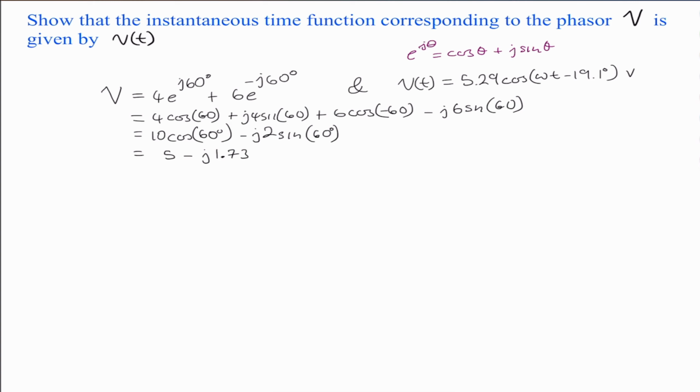We then use our complex number properties, the relationship between rectangular and polar. Using x as our complex number, the magnitude of x is equal to the positive square root of x squared plus y squared, and the angle phi is equal to inverse tangent of y over x.